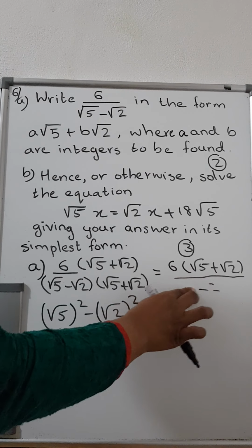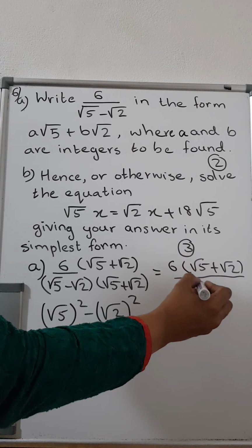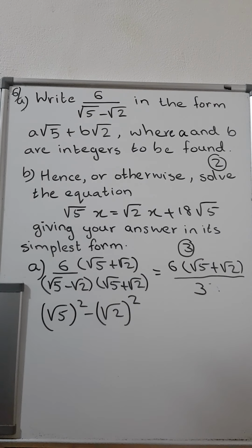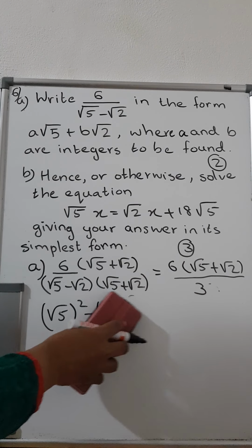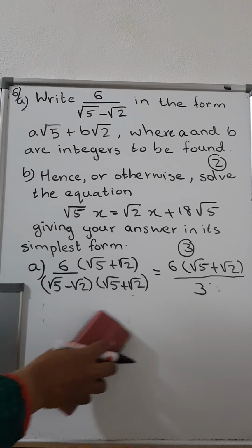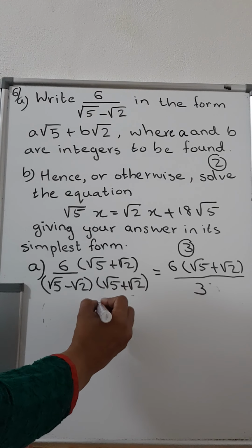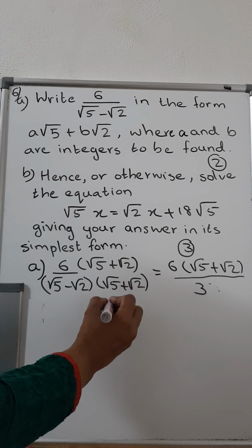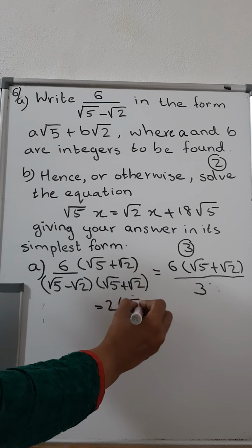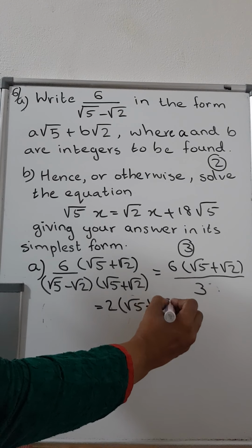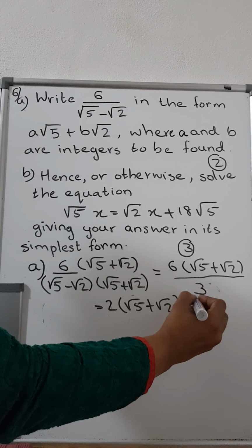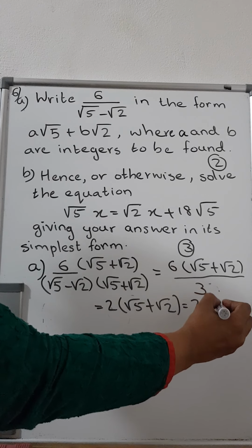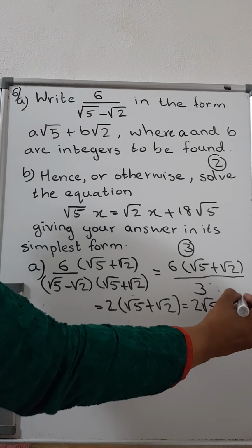So we can write it as 6 times root 5 plus root 2 divided by 3. See, 6 and 3 we can cancel out. 6 divided by 3 is 2. 2 times root 5 plus root 2. If you remove the bracket, 2 root 5 plus 2 root 2.